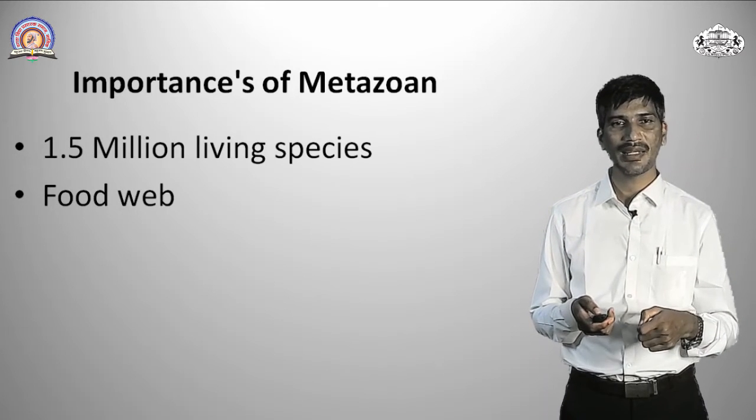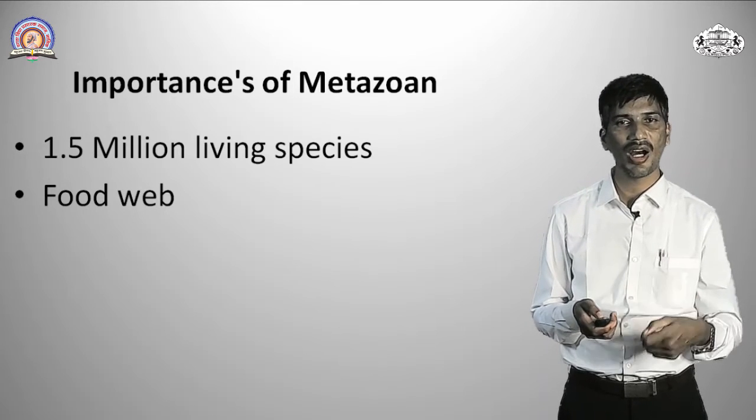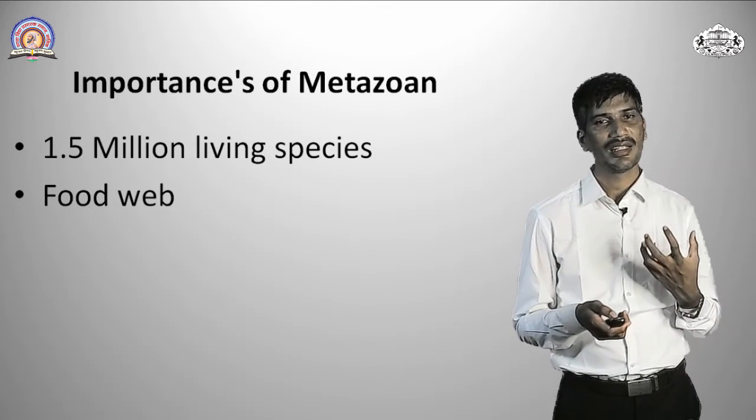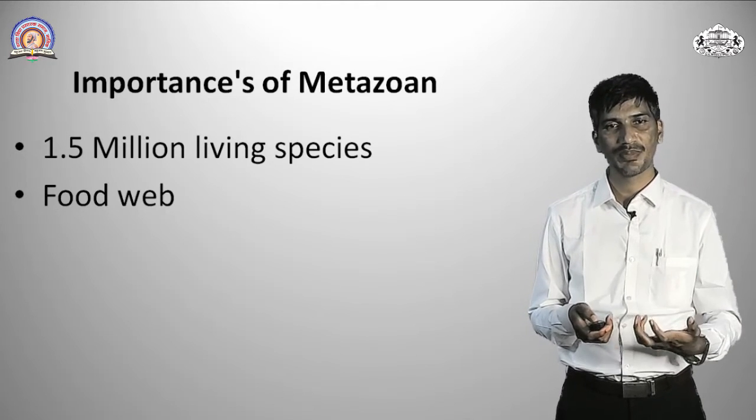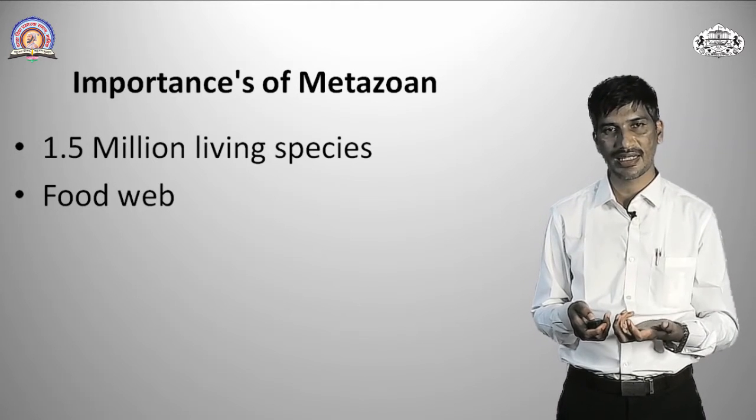One animal depends on another animal. You know that the kingdom Animalia is heterotrophic, which means they also depend on other organisms.